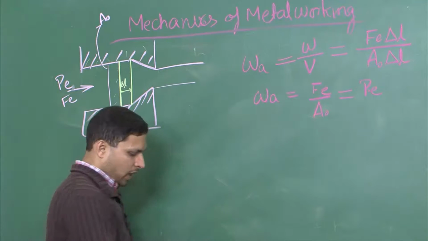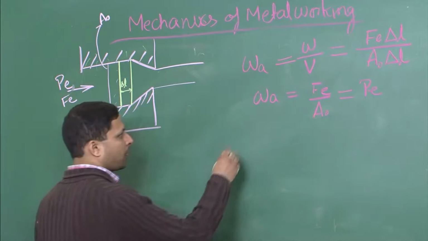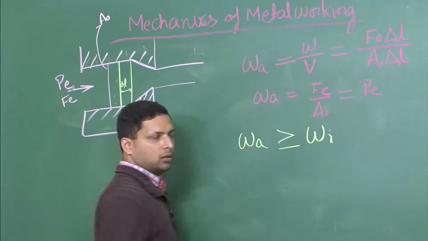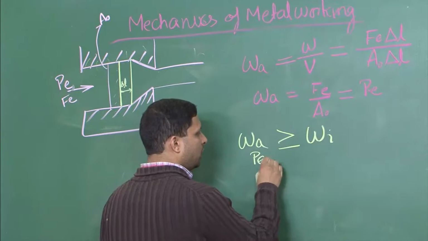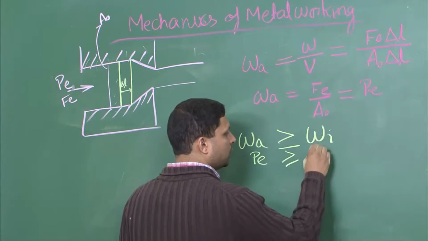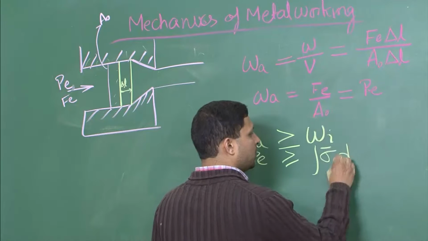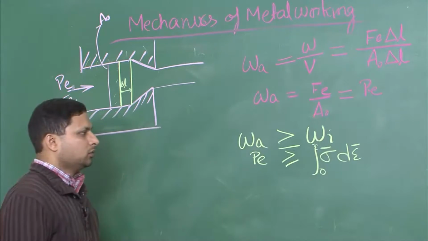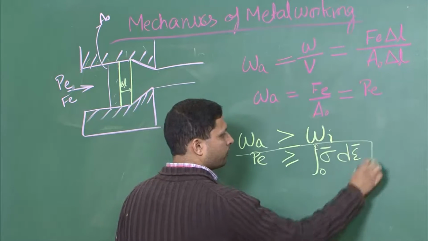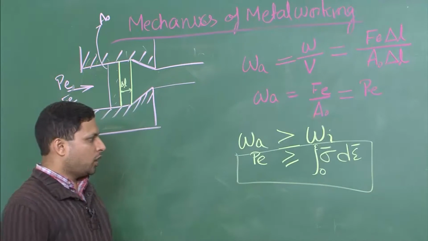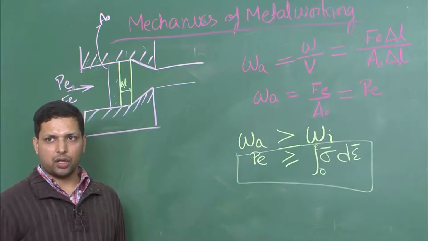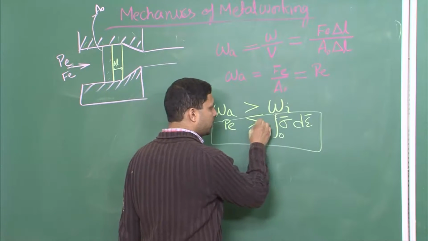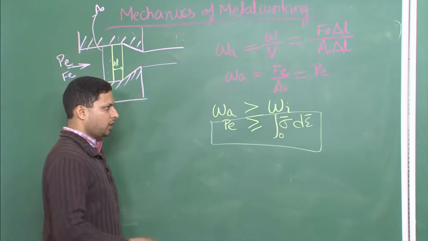Now, we know that WA is greater than or equal to WI, therefore, PE is greater than or equal to the integral from 0 to epsilon of sigma bar d epsilon bar. So, now we are using this relation; we have derived a relation between PE and sigma bar, or basically the ideal work.